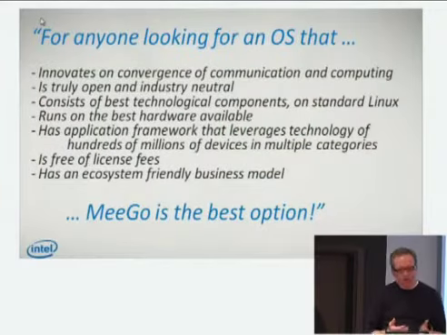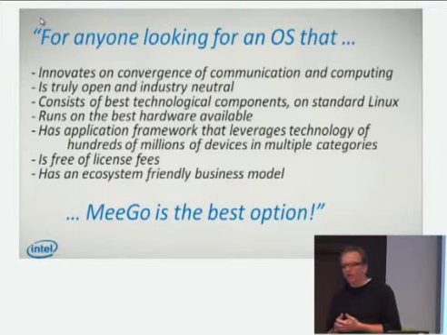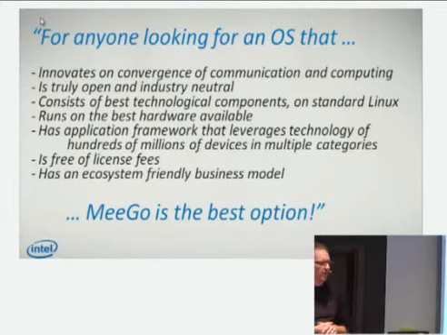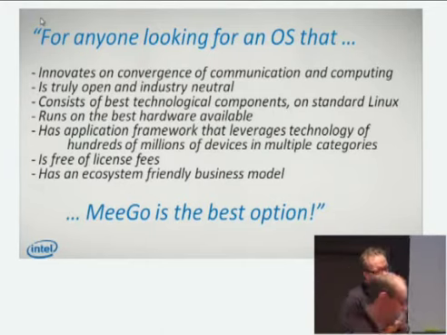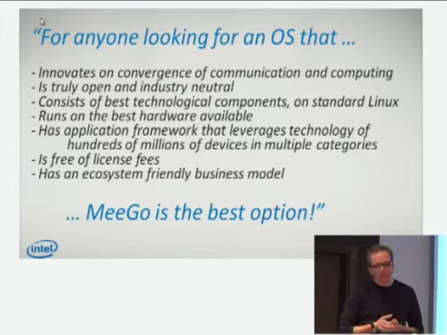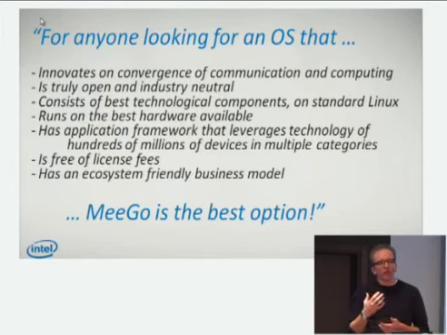And the reason why we started MeeGo, well, we started Moblin and then joined forces with Nokia to merge Moblin and Maemo into MeeGo, is that we were looking for something that was focused on a more mobile environment that understands the convergence between communication and computing, that is truly open and neutral.